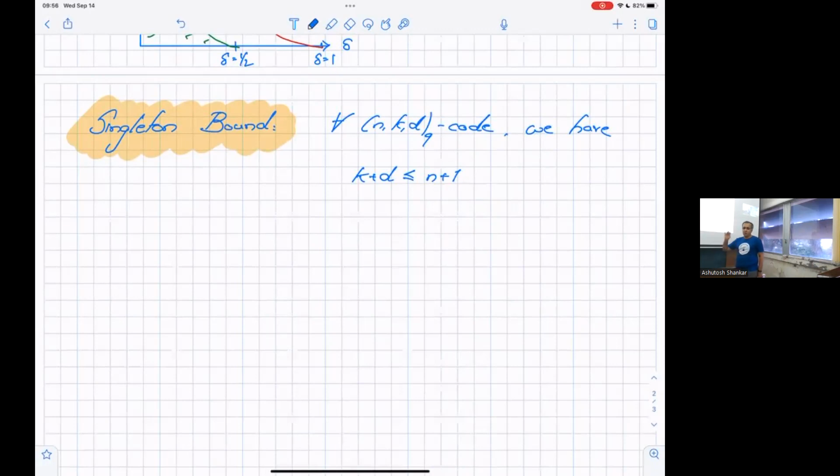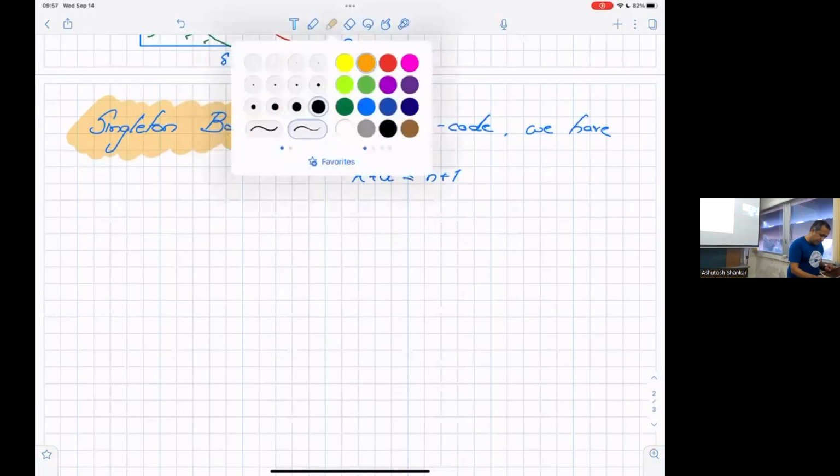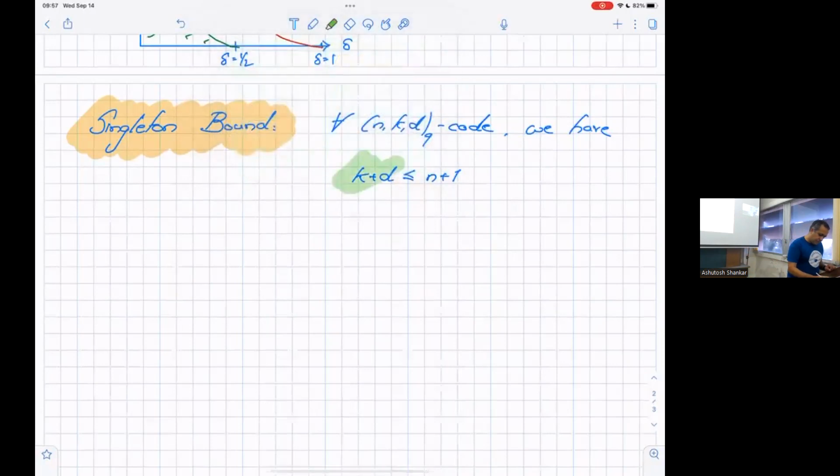Whichever alphabet you choose, q doesn't enter into this at all. In the other bounds, q entered into it, and you had to go for the q-ary entropy or something. It just says the distance plus the dimension can never be larger than n plus 1, with whichever alphabet you use. And this will be useful later on. We'll come to it later. So that's the bound.